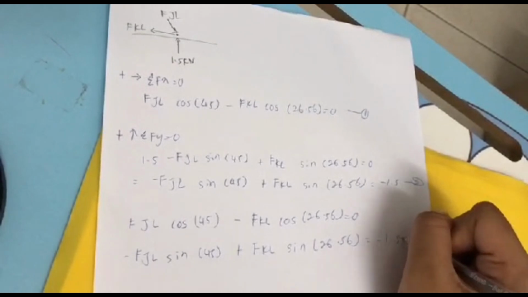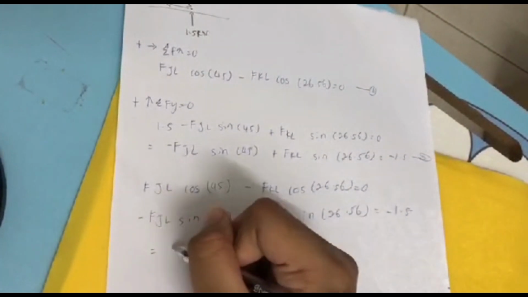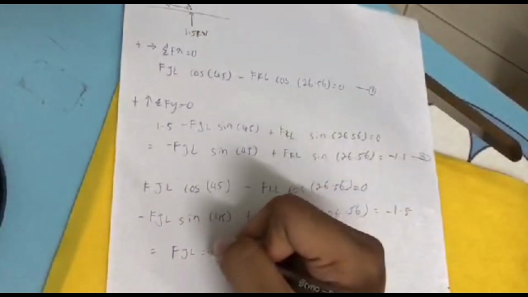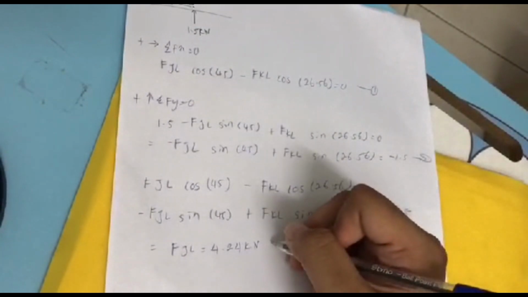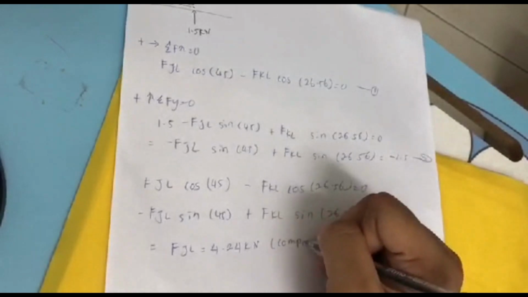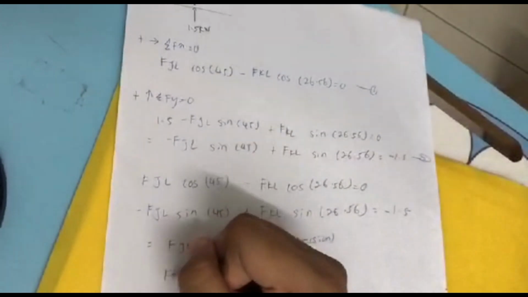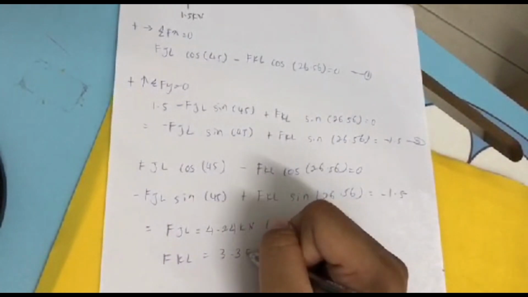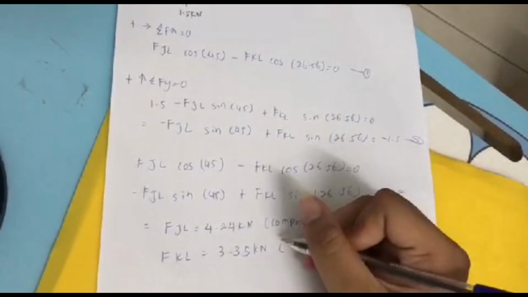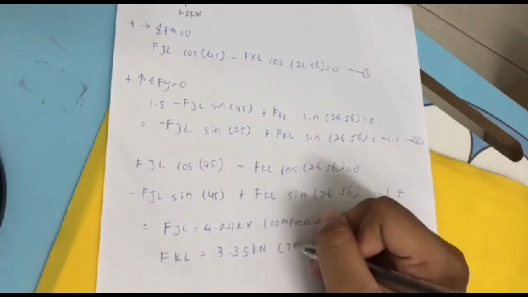So we will get force for JL equal to 4.24 kilonewton, and the type of force is compression. And force for KL, we got 3.35 kilonewton. Type of force is tension.